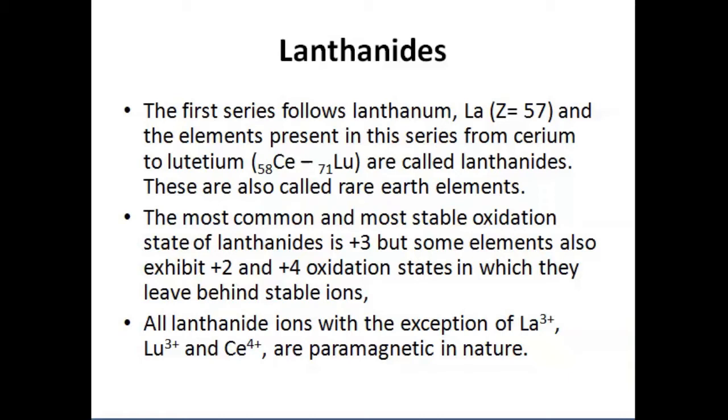The most common and most stable oxidation state of lanthanide is +3, but some elements may also exhibit an oxidation state of +2 and +4, in which they will leave behind the stable ions. All lanthanide ions, with the exception of La3+, Lu3+, and Ce4+, are paramagnetic in nature.